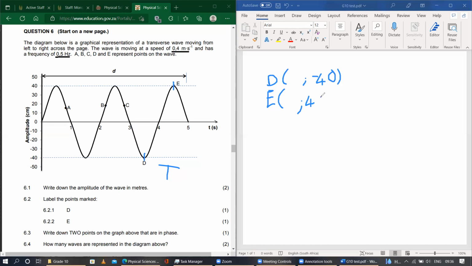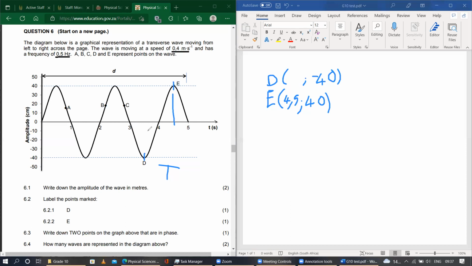So now we must just find the x values. If you look at this point, is it 4.5? Yes, it's 4.5 just from looking at the graph. Sorry, 4.5, because E is in the middle, a quarter of this wave.